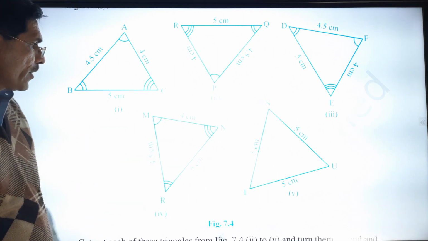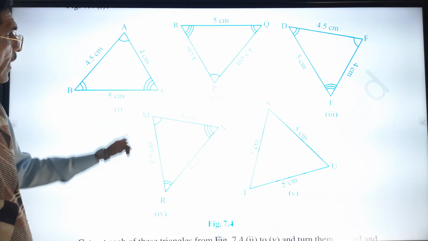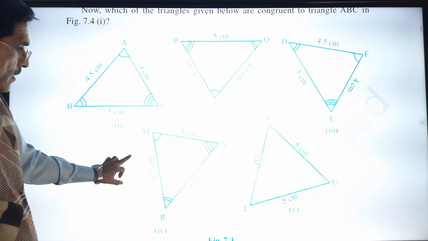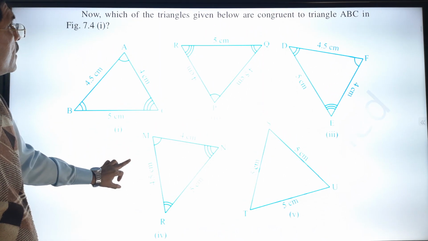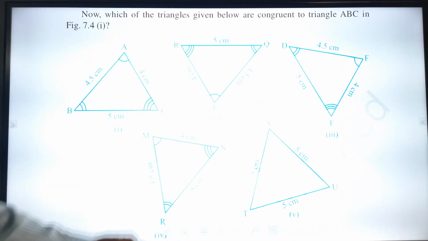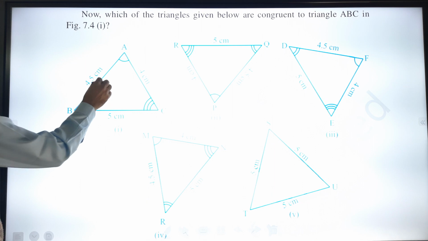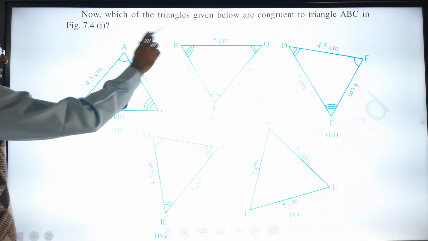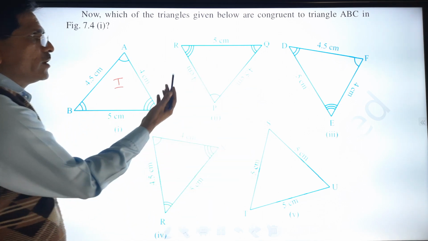In figure 7.4, we have to identify which is congruent to the one above. Now give me the answer. All figures are there. You have to say how many triangles the first one is congruent with.